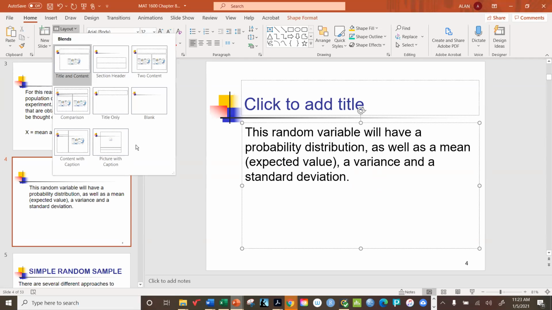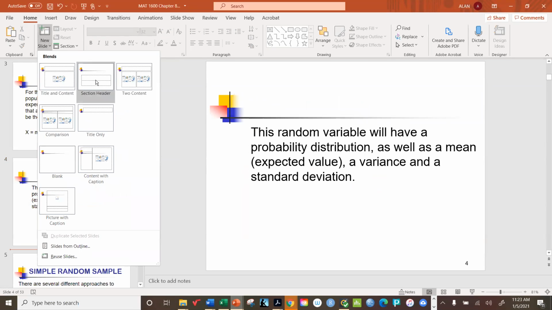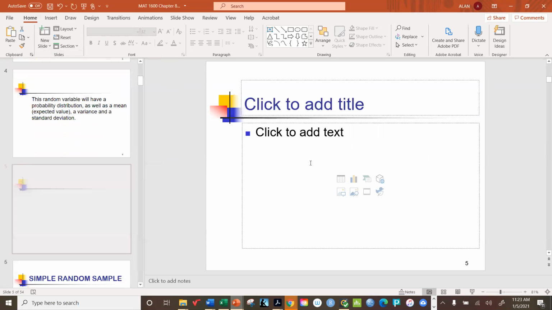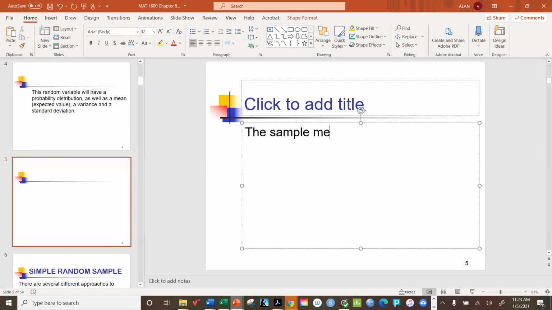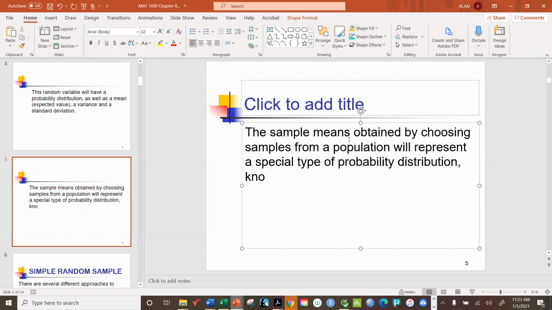So we will define the sample means obtained by choosing samples from a population as representing a special type of probability distribution known as a sampling distribution.